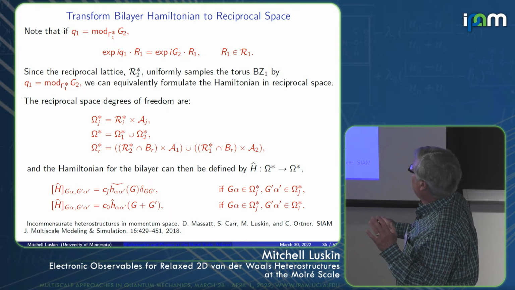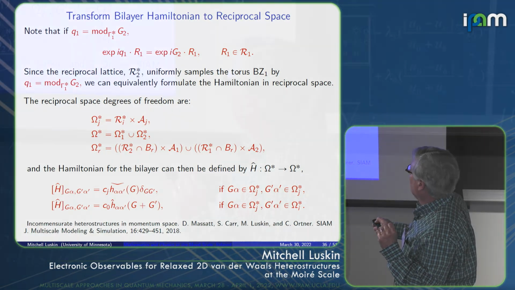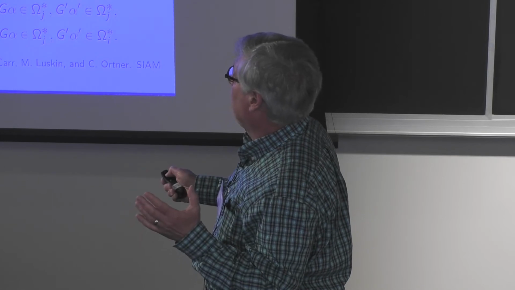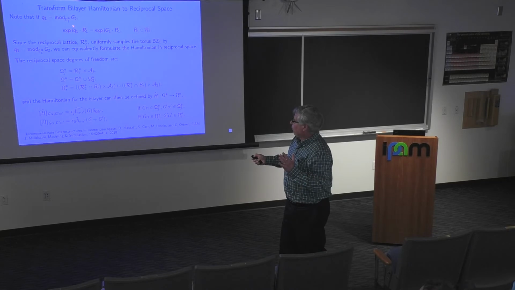If you take all these reciprocal lattice vectors in layer 2 and project them onto the unit cells in reciprocal space, the Brillouin zones of layer 1, then you can represent those waves by either the wave number Q1 or the reciprocal lattice vector in the other space.